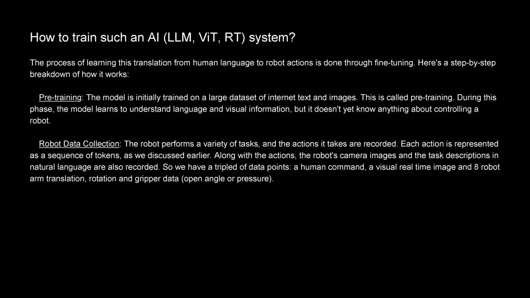Then we add here the robot dataset, the data collection. As I've showed you, it comes from RT-1, and you have all these degrees of freedom and all this tokenization.